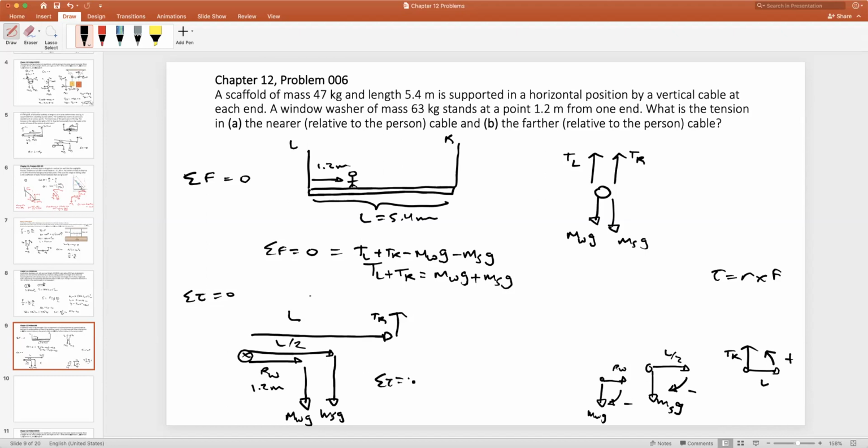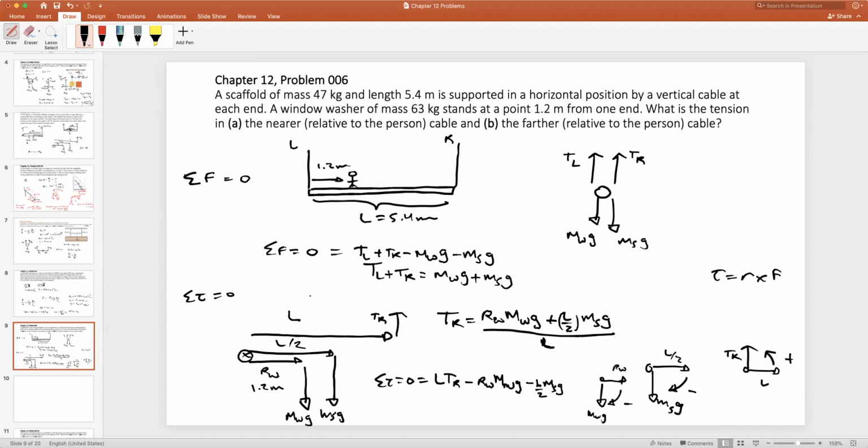So the sum of my torques being equal to 0 is L times the tension on the right minus R to the window washer times G minus L over 2 times the mass of the scaffold times G. From this equation, which I'll write a little bit higher, I get that TR is equal to R of the window washer, mass of the window washer times G, plus L over 2 times the mass of the scaffold times G, all divided by the length.